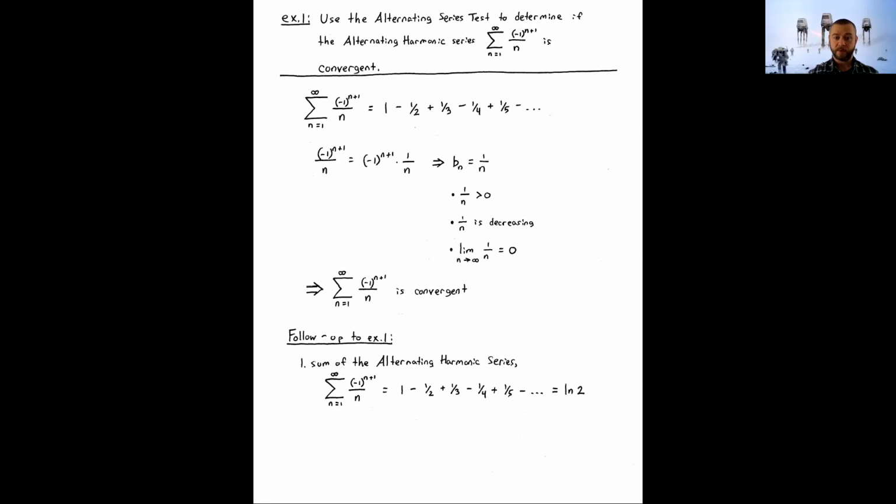If you were to add up those numbers, 1 plus -1/2 plus 1/3 plus -1/4 plus 1/5 plus -1/6, so on and so on forever, the sum of that infinite alternating harmonic series is natural log of 2.